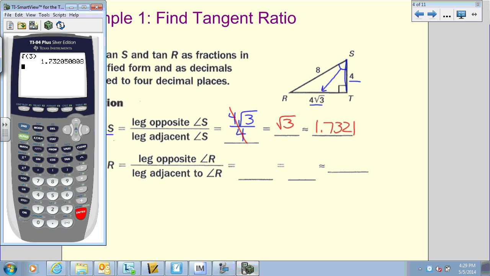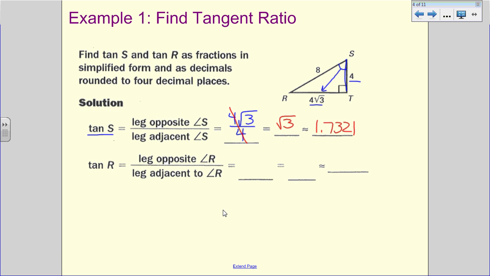If we take a look at the leg opposite angle R now, I'm going to focus on angle R. And if I go opposite that, that's 4 over the adjacent side for R, which is this 4 square roots of 3. There's things about radicals that we didn't necessarily study last year, but for purposes this year, we're going to write it as 1 over square root of 3.